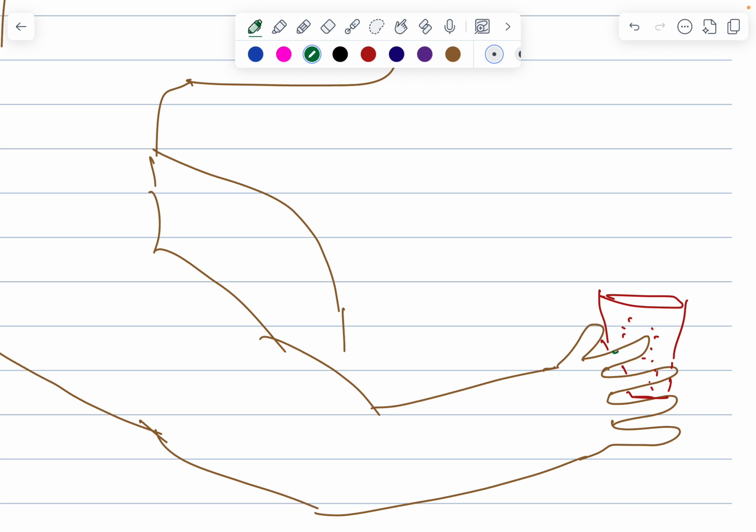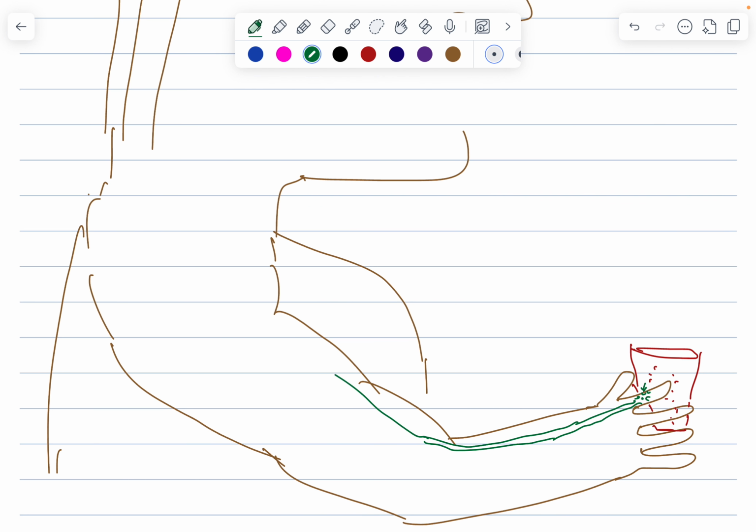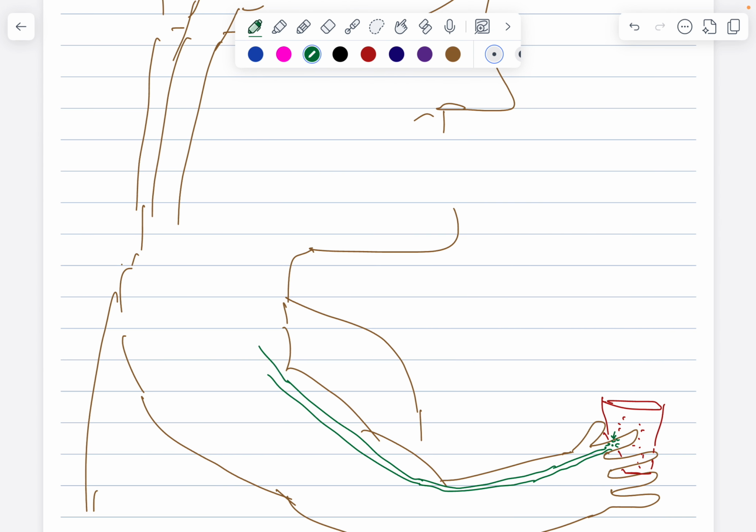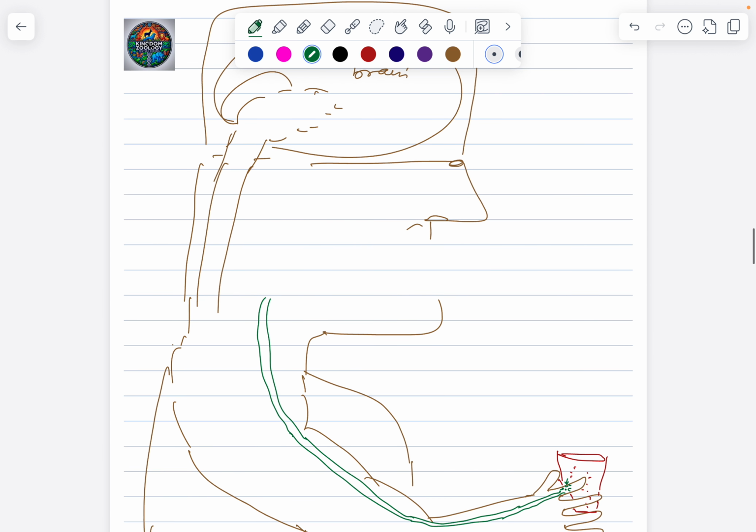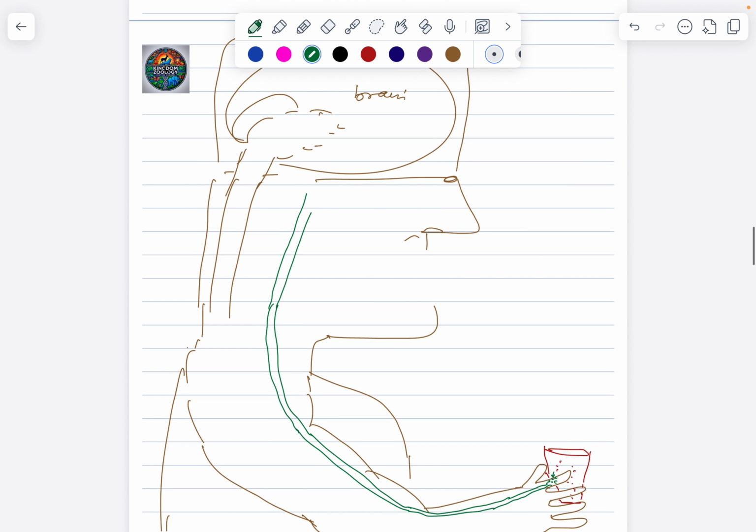There are certain neurons whose dendrons are on this side, and they are collecting the information about the cold temperature, and the axon is basically going along my arm. So can you notice that the axon is a very long process in this case, and finally relaying the information to my brain.